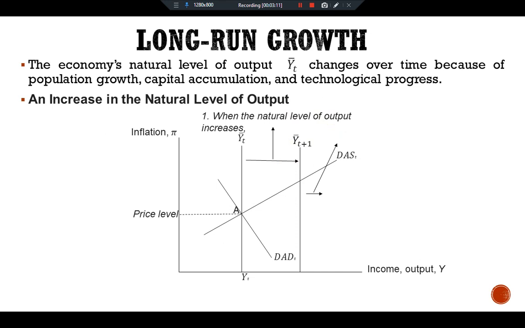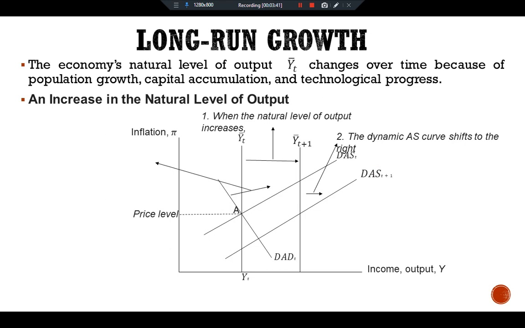This will shift the dynamic aggregate supply curve to the right, so we have a new dynamic aggregate supply curve, DAS t+1.